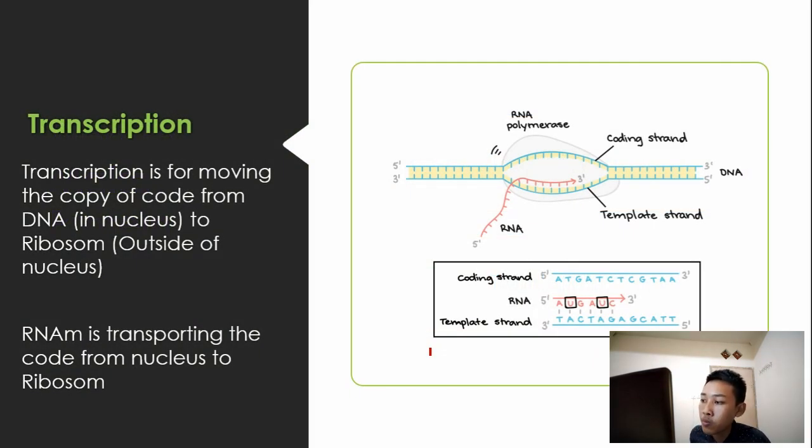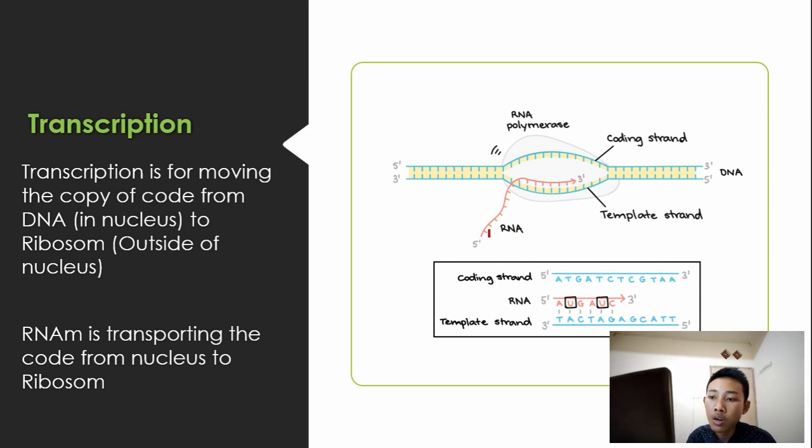Transcription is moving a copy of the code from the DNA in the nucleus to the ribosome outside the nucleus. Messenger RNA transports the code from the nucleus to the ribosome. So here we know this is the DNA, the double helix, and this single red rope is messenger RNA.